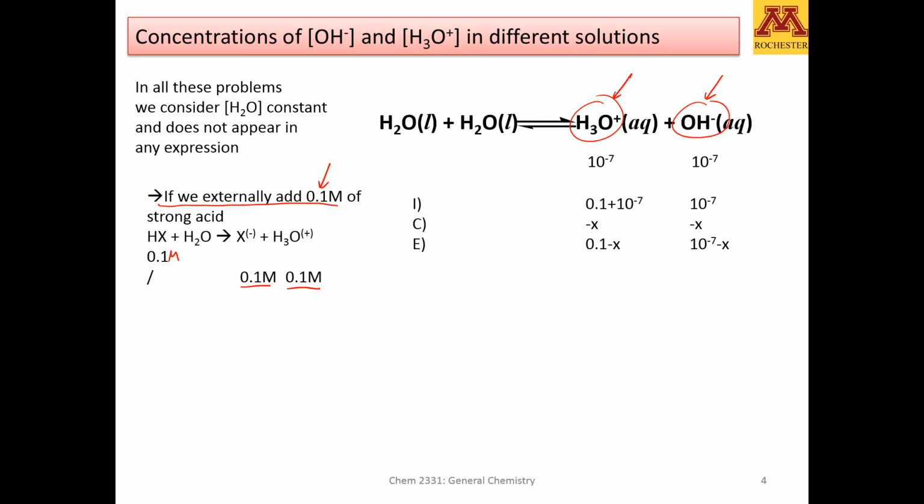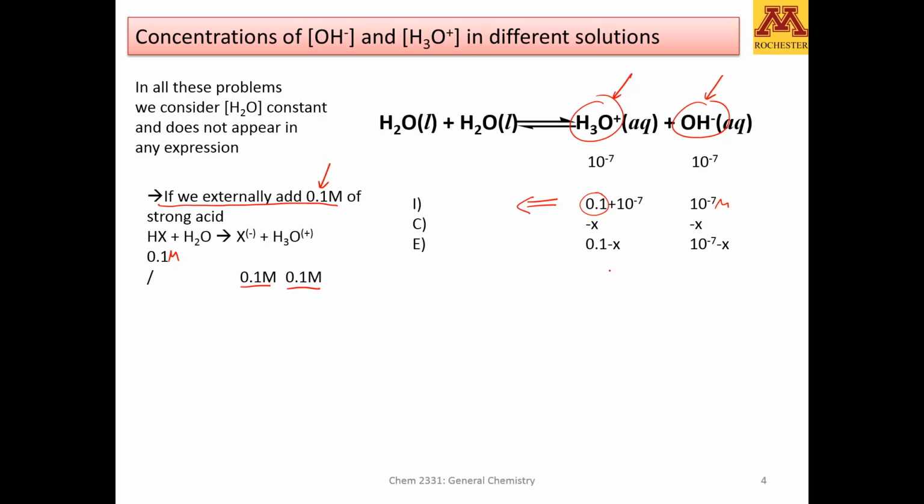Initially, this is pure water, so I have 10 to the negative 7 molar of hydroxide, but I have added 0.1 molar of hydronium ion. Since I'm adding products, the equilibrium will go to the left, so a certain amount, negative X, disappears for both hydronium and hydroxide.